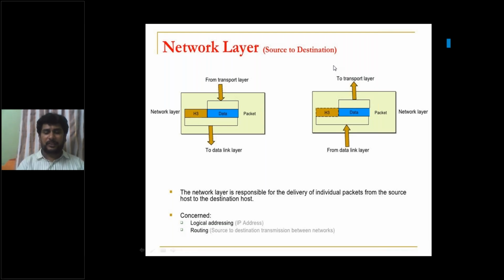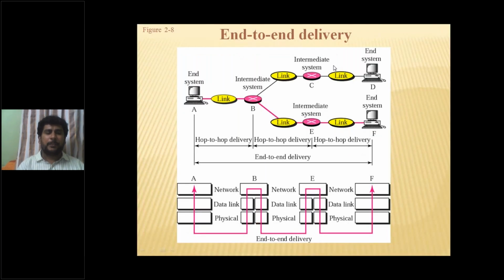So your data link layer is responsible for node to node delivery, whereas your network layer ensures delivery from the source to the destination. This is the reason why the network layer is said to execute a type of delivery called end-to-end delivery.